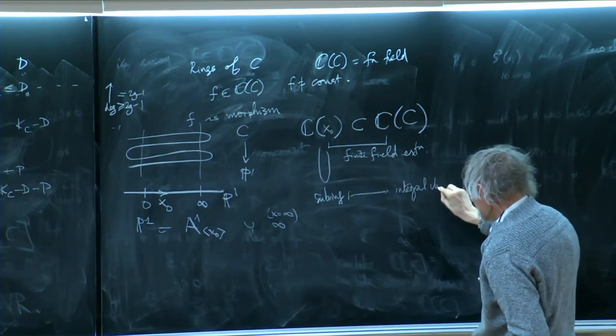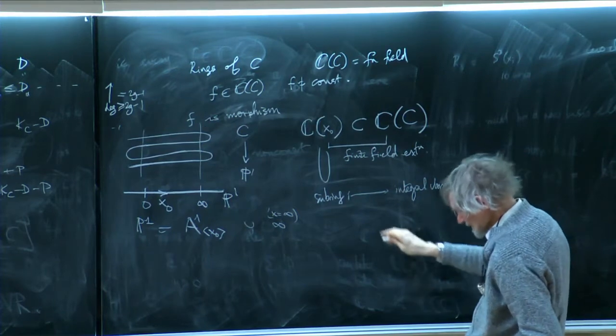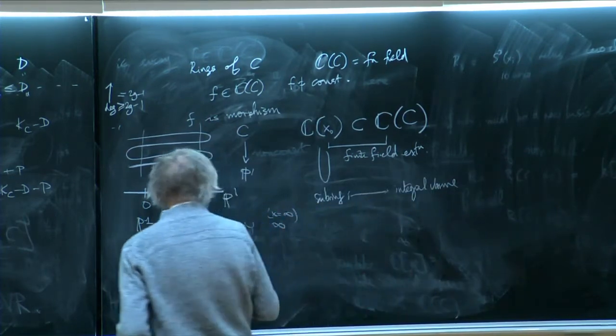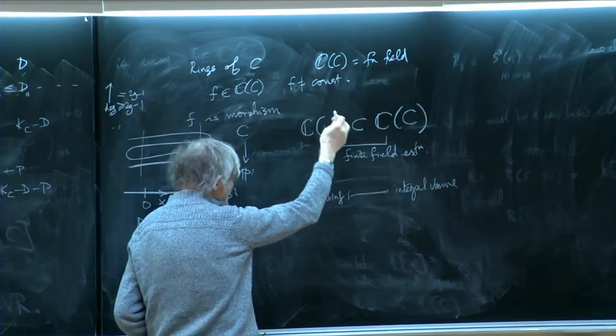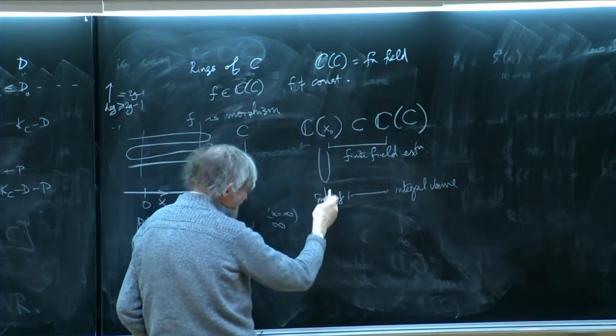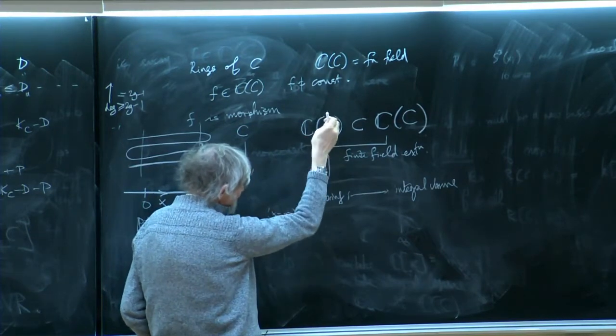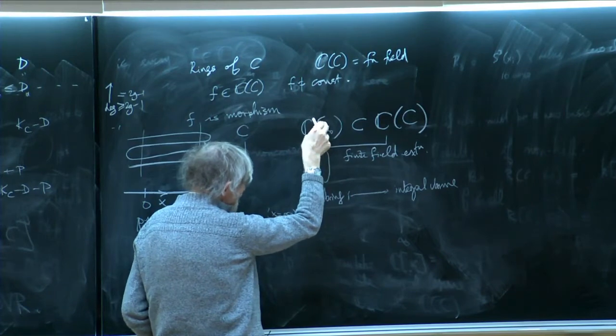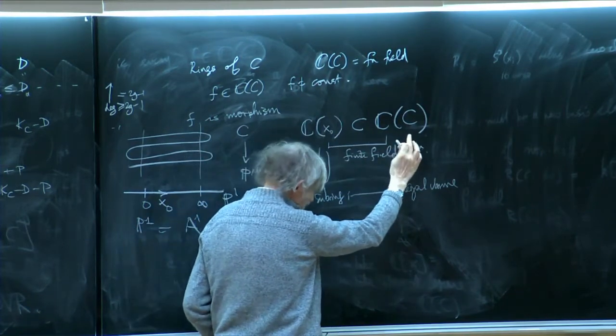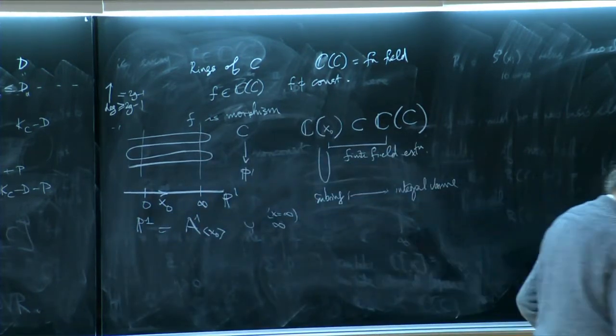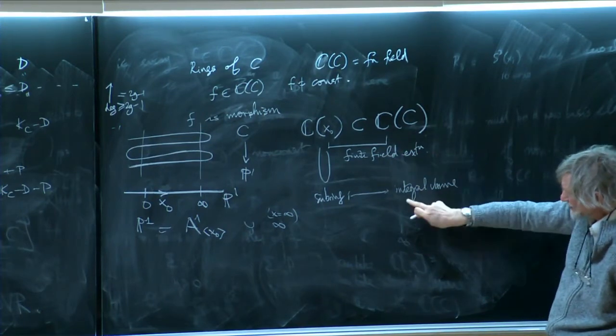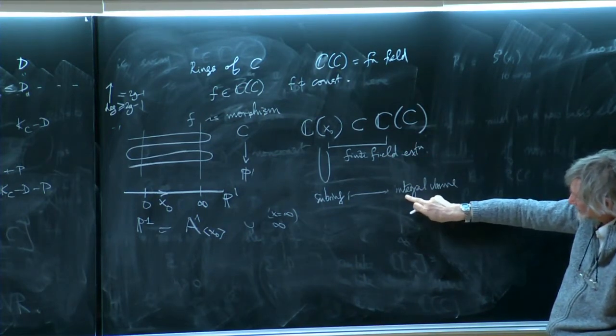Right. So when you do number theory, you start off with the ring of integers contained inside the rational numbers. You have a finite extension of that you call a number field, and then the number field has a ring of integers, which is the integral closure.